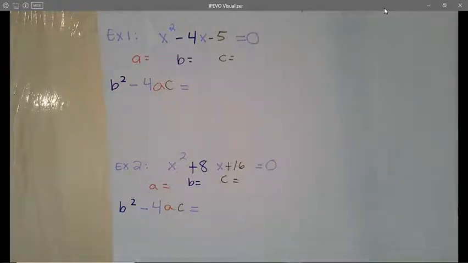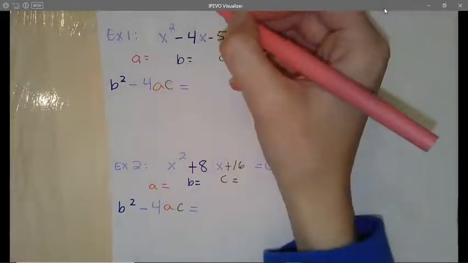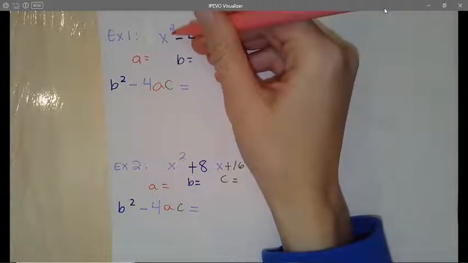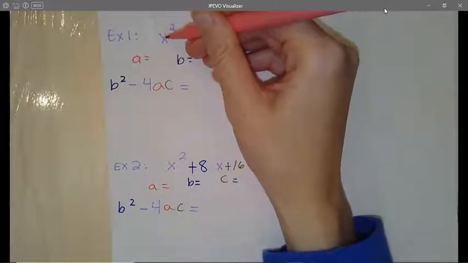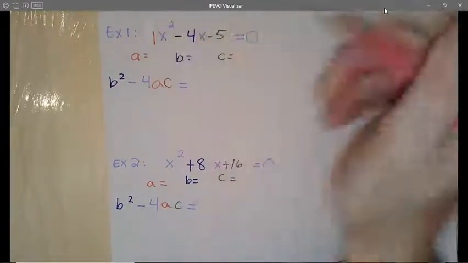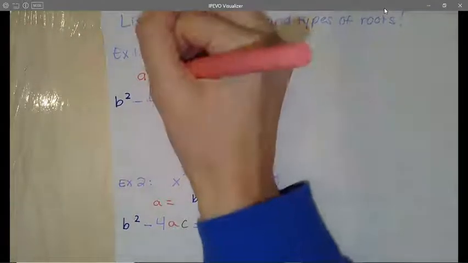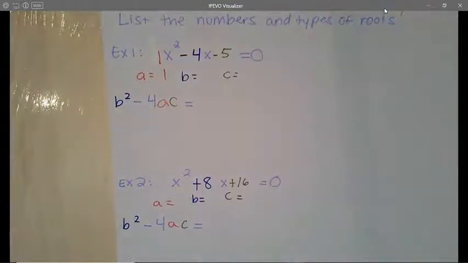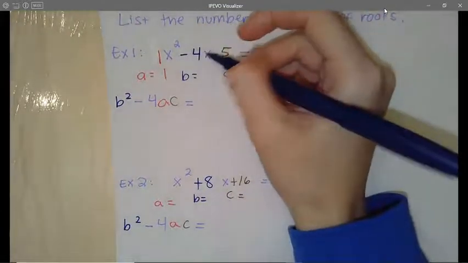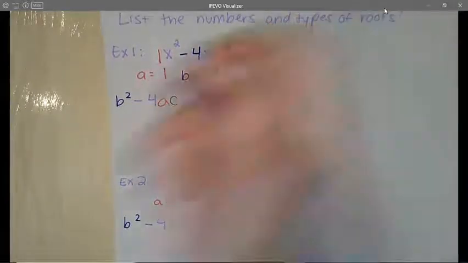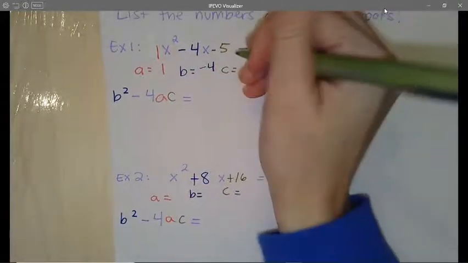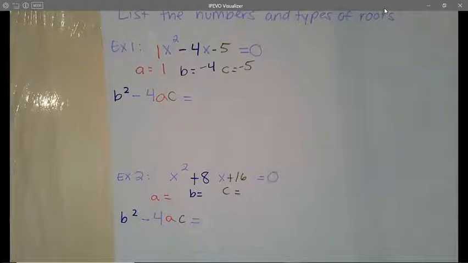So a is the number in front of the x squared, which currently I don't see anything, which means there's secretly a 1 out in front. So my a is 1. My b is the number in front of x, which is negative 4. And my c is negative 5, the number without the x.